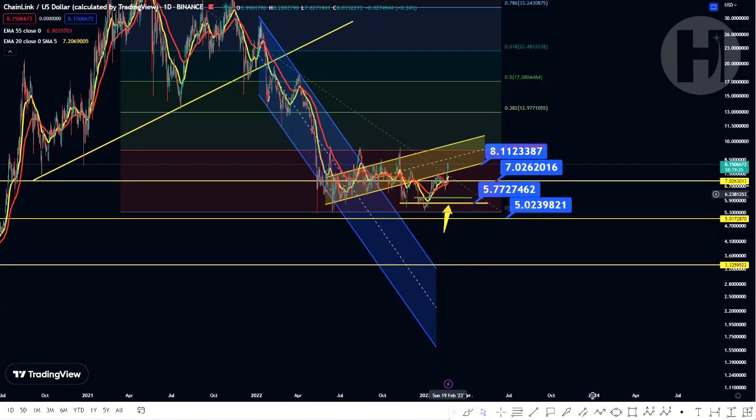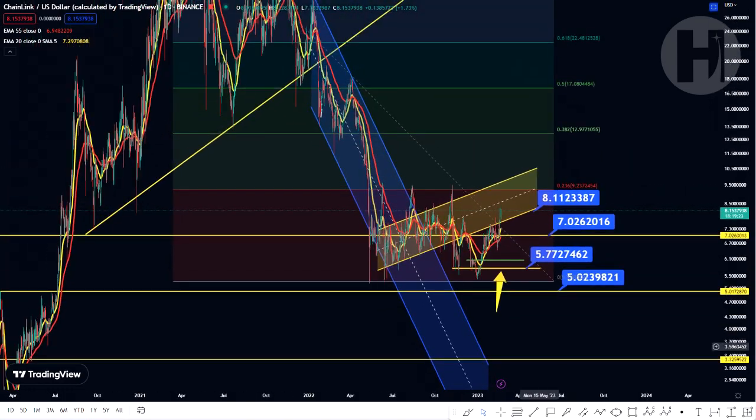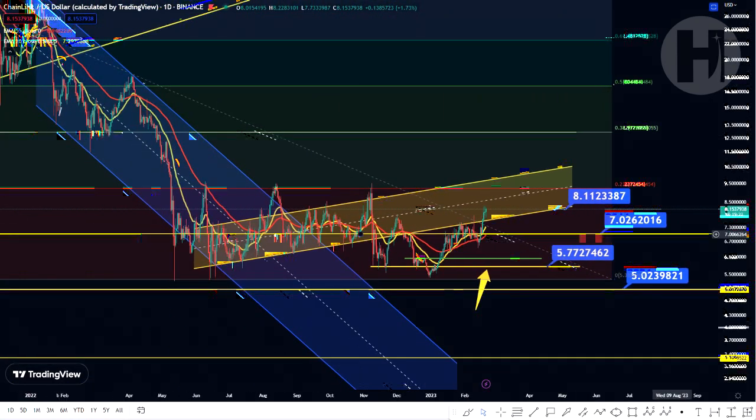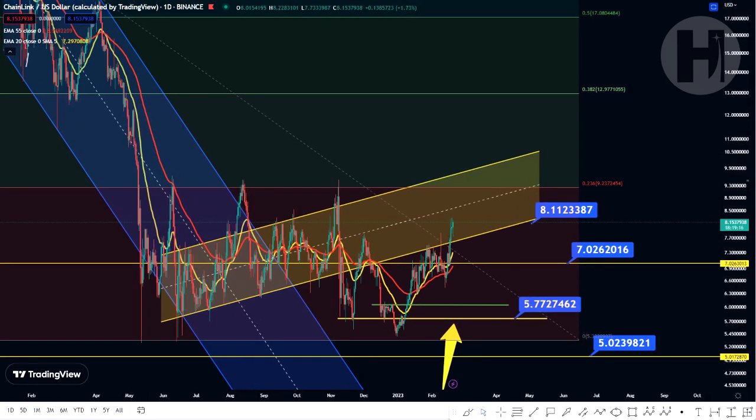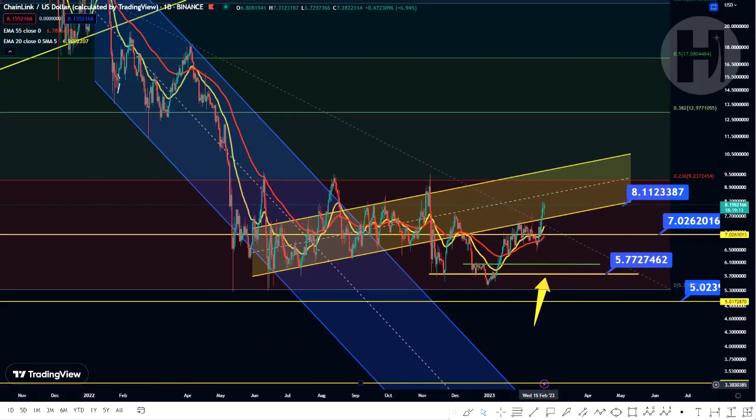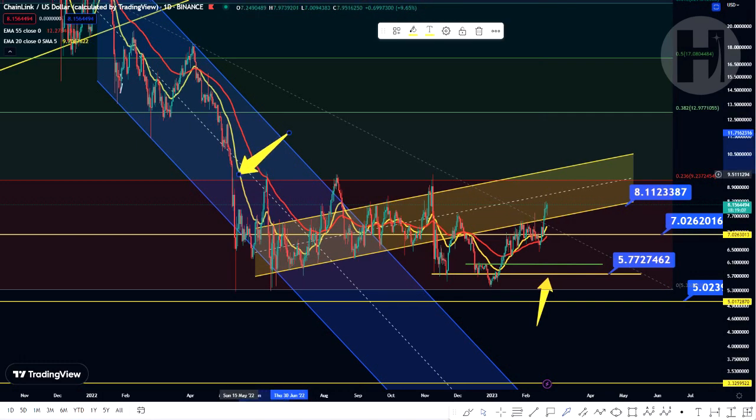So right now we can see Chainlink breaking into the channel up pattern, and hopefully we can meet our 0.236 resistance level, which is at $9.23. As you can see, on 3 occasions here, we got rejected. Actually, 4 occasions if you count that all the way back in May.